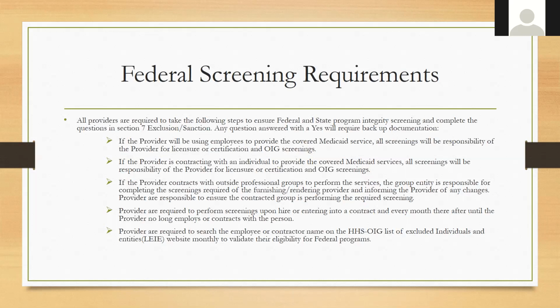Well, if you check the OIG list, her name and social security number are going to pop up. And that means that it says right on the list that she is an excluded individual. So you actually cannot use that individual to provide services that are being paid by the Medicaid program.